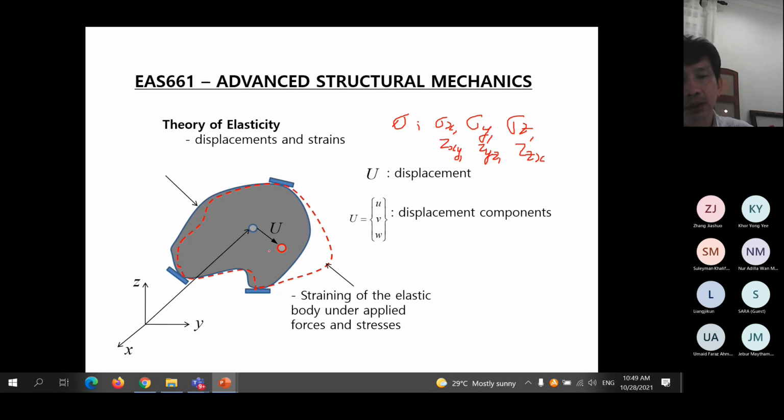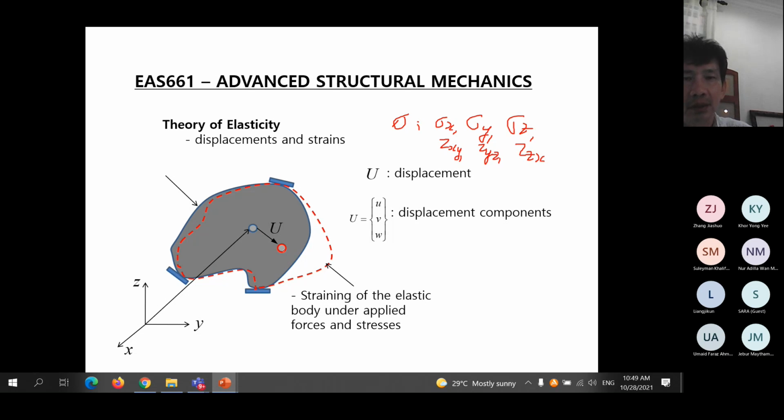Displacement represents what happened to one point before loading and after loading. Before loading, it is at the coordinates X, Y, and Z. After loading, it moved to a new position.